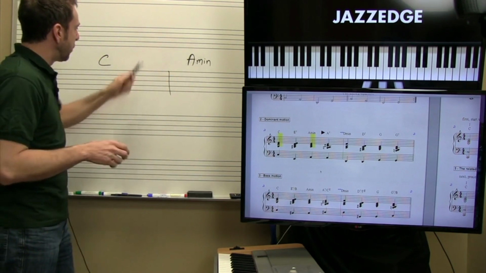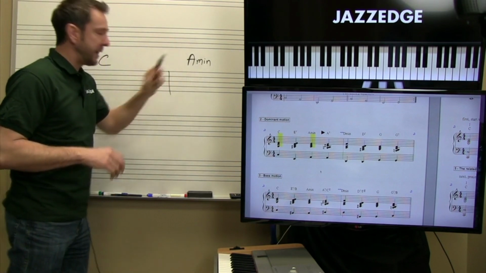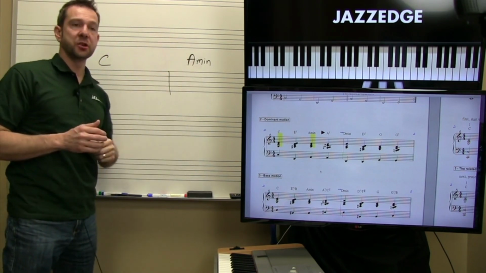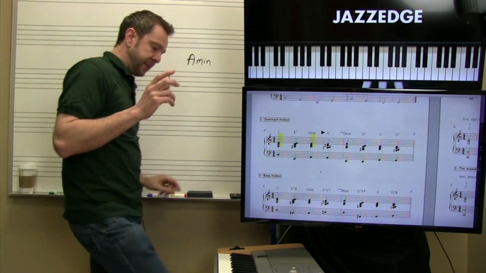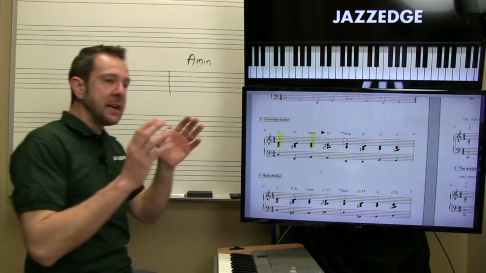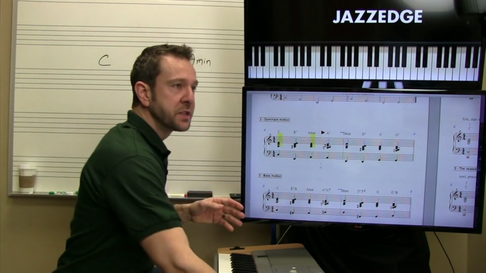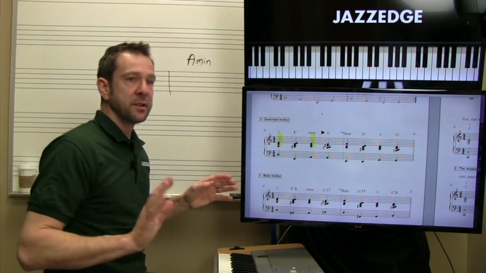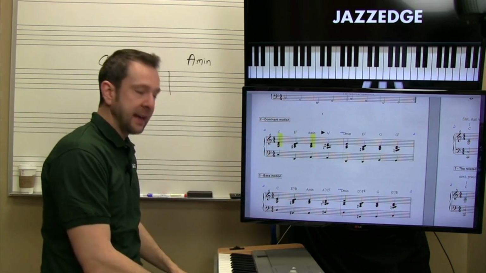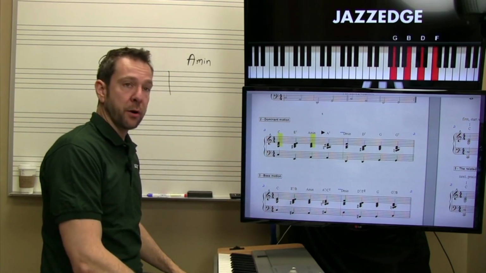So we wonder, what chord can we use that's going to take us to A minor? Well, there is one chord in every key that moves us very nicely to the next chord, okay? And that is our dominant 7th chord, okay?